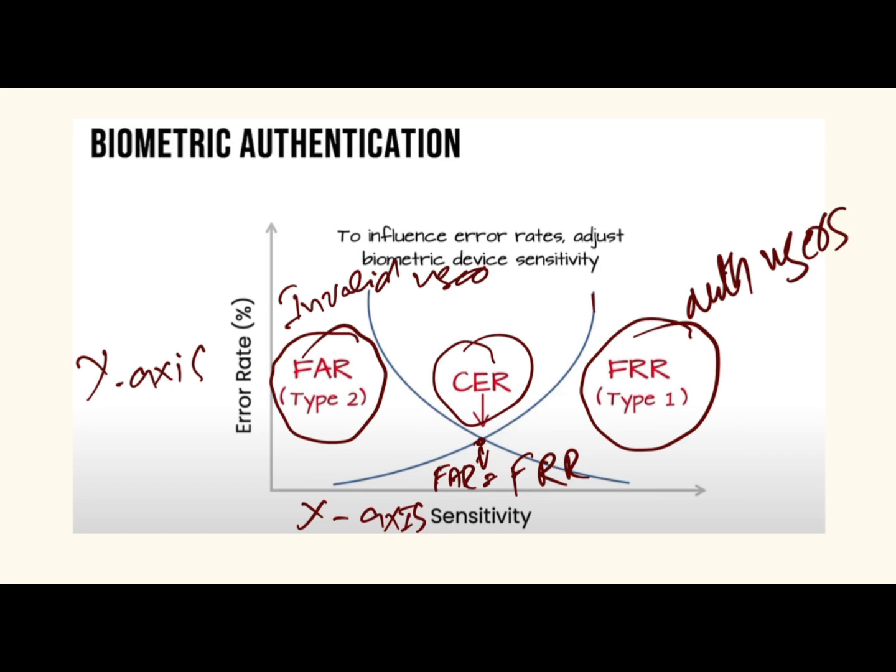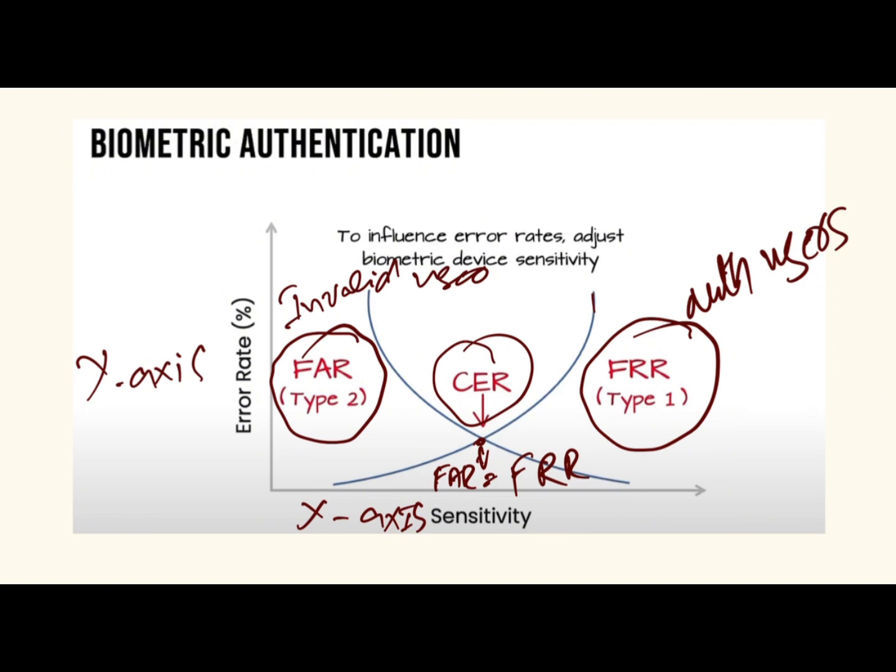In simpler terms, it is the sweet spot. It is the ideal spot, a balance between type 1 error, rejecting a valid user, and type 2 error, accepting an invalid user. So what does it indicate? It indicates an accuracy benchmark for a biometric system. The lower the CER, the better the system is at distinguishing between valid and invalid users.